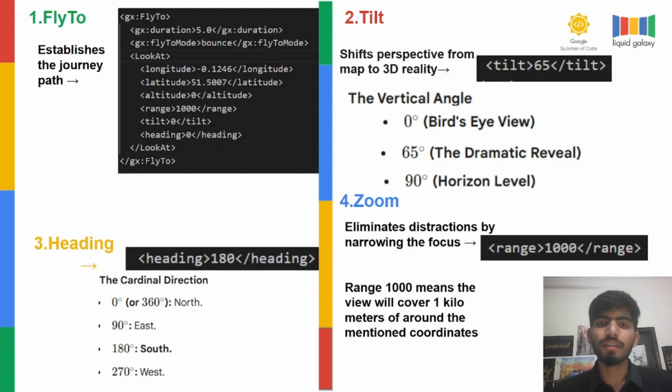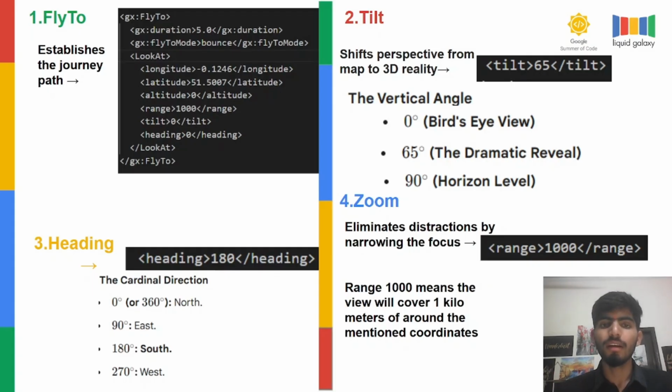The second movement is mentioned in the flight to tag only, which, as I mentioned earlier also, is that the user will be experiencing the 3D reality of the map. So here we will be passing an angle. As the angles have been given here, 0 degrees gives a vertical eye view, 65 degrees a dramatic view, 90 degrees a horizon view.